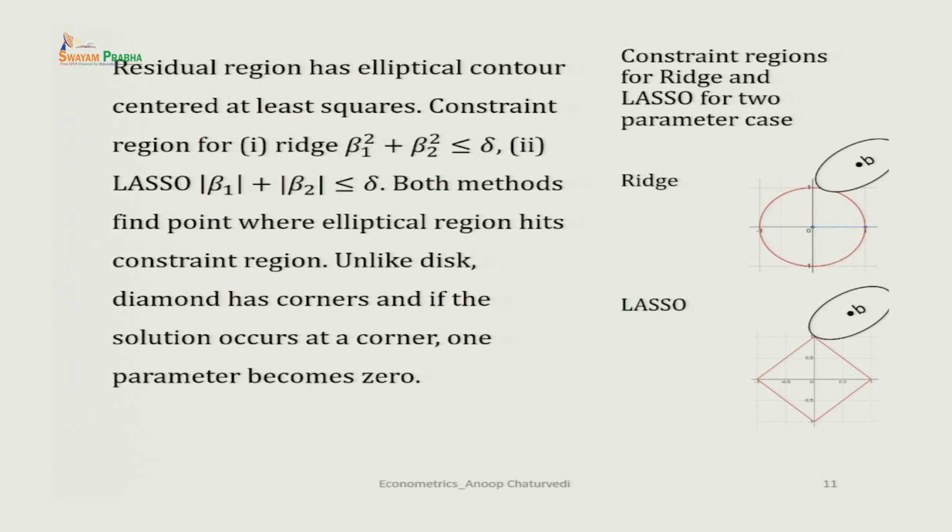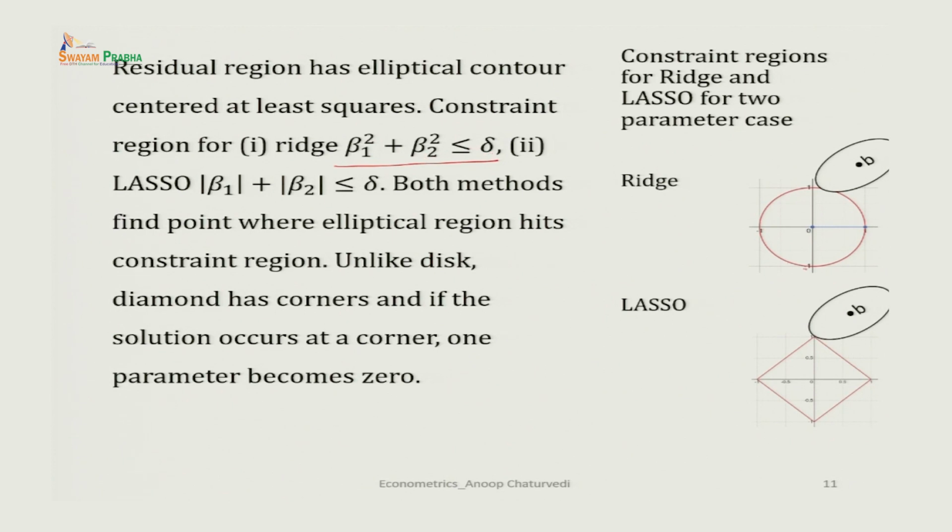To make things more clear, let us consider the case of two variables. Say the residual region has an elliptical contour, this is the residual region. In ridge regression you have the restriction beta 1 square plus beta 2 square less than or equal to delta.